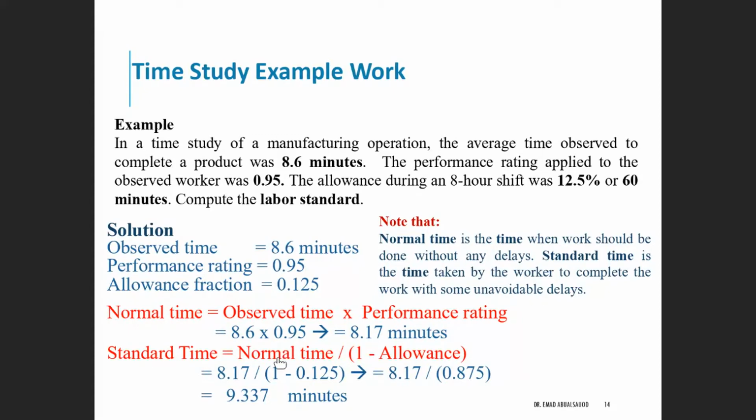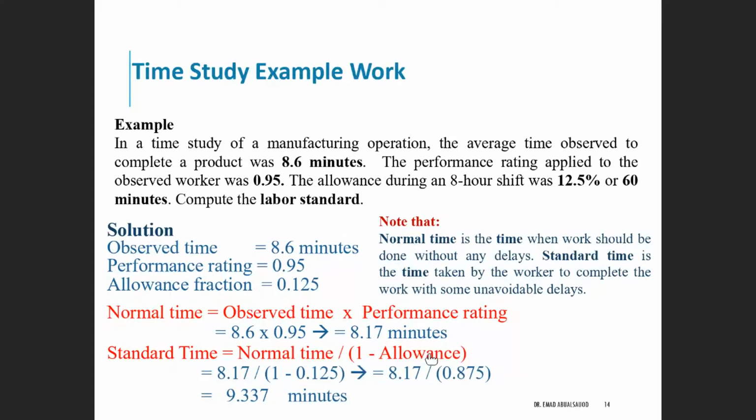So it requires the normal time divided by 1 minus the allowance, meaning the allowable time for the variable, the unavoidable delays. Okay.